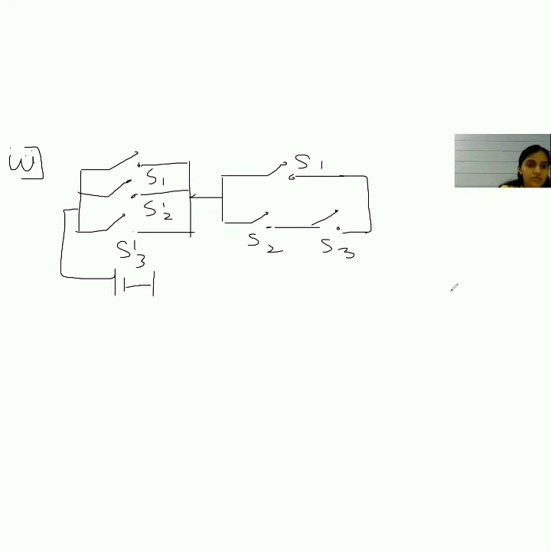Let us write its symbolic form. So what will be the symbolic form over here? 3 switches are in parallel. So we have S1 is P, in parallel, so or negation Q or negation R. This is your first bracket.